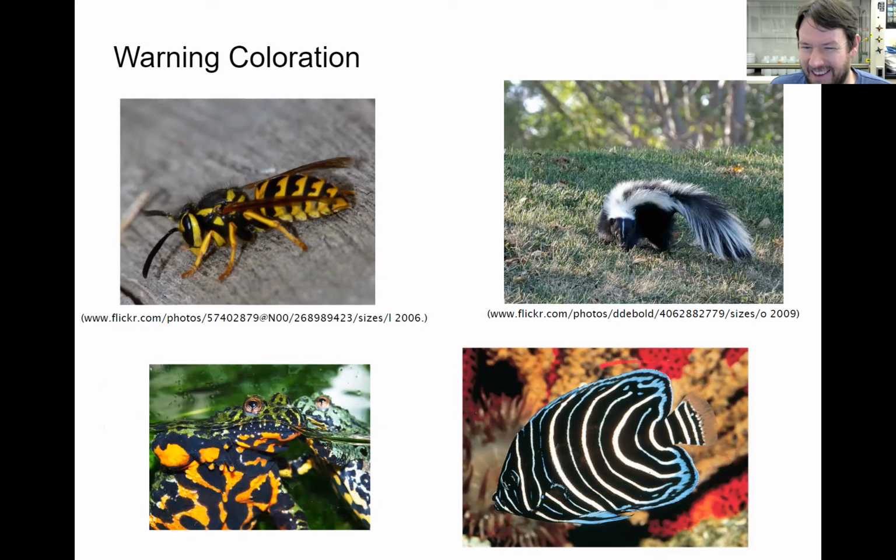I don't know if that's technically an angelfish, but it kind of looks similar. But anyway, so yes, lots of examples where the organisms produce toxins or venoms and advertise conspicuously so that we know not to mess with them.